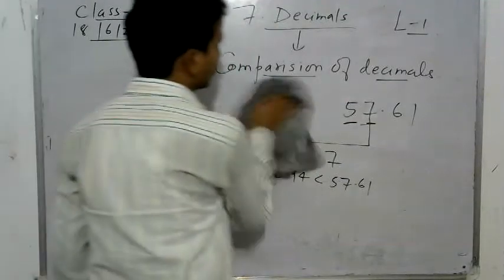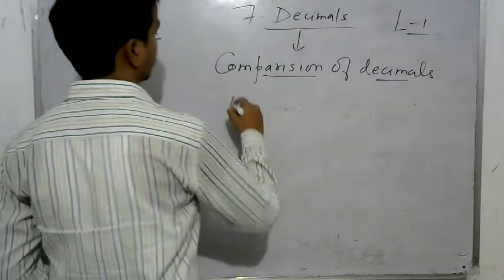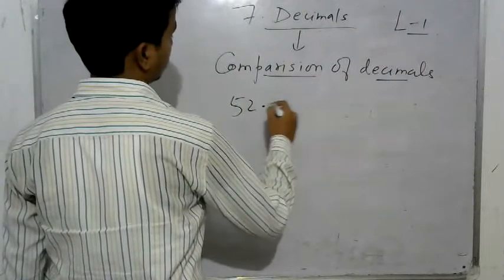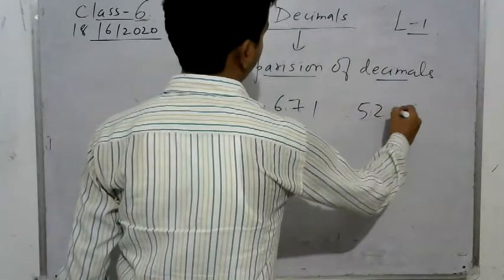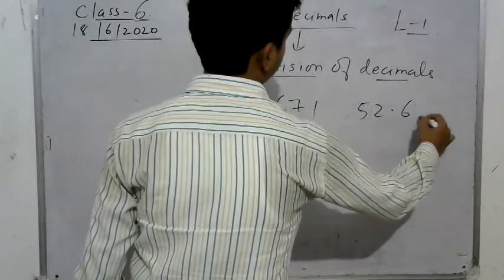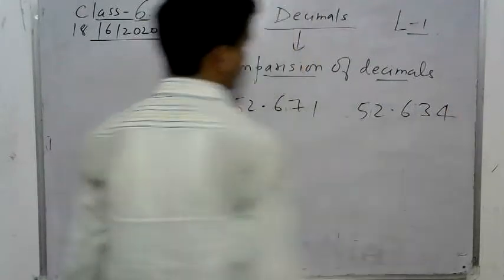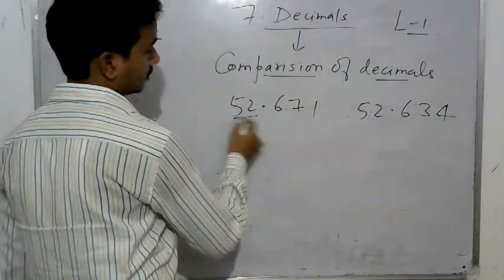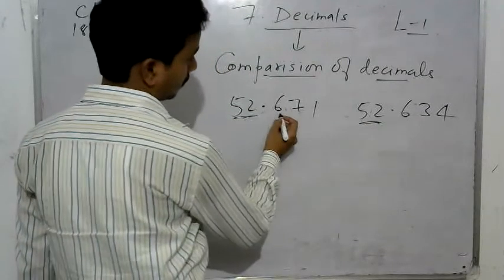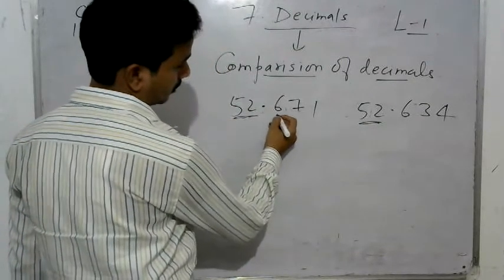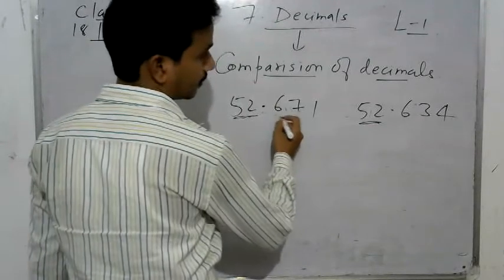Now suppose the integer part is the same, suppose 52.671 and here 52.634. So how do we compare? Since the integer part is the same, there is no need to compare it. Then move after the decimal point, digit by digit.